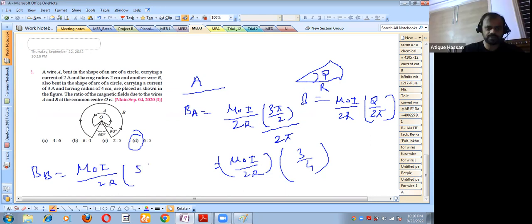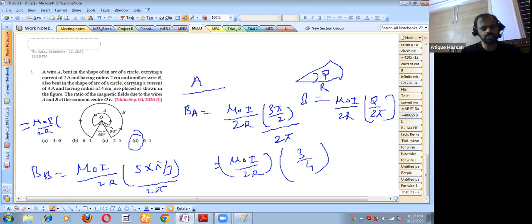Correct, 5 pi by 3, and that will be divided by 2 pi. So we get 5 by 6.